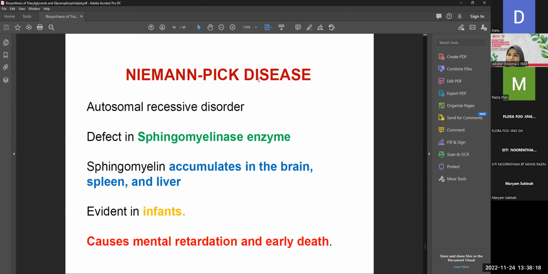In general terms, it involves a gene. There is a mutation in the gene that is inherited by the babies, the kids. That is an autosomal recessive disorder.